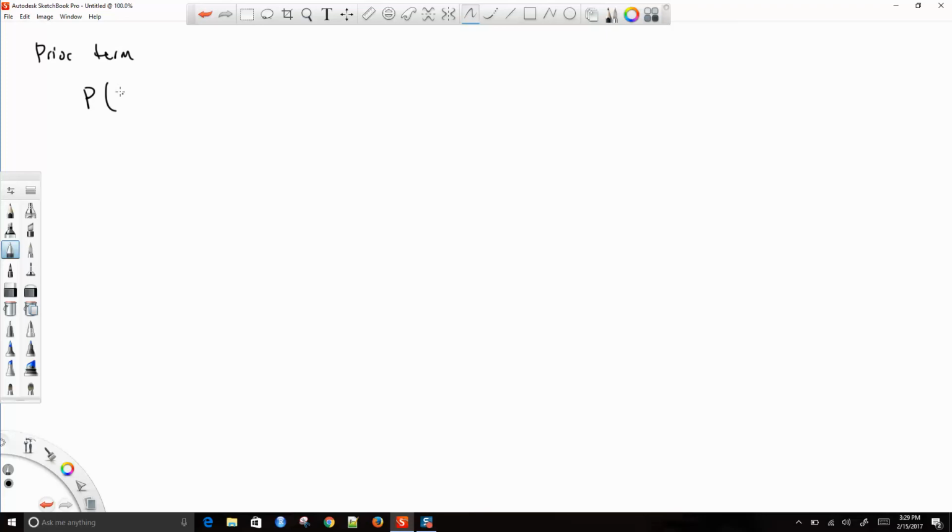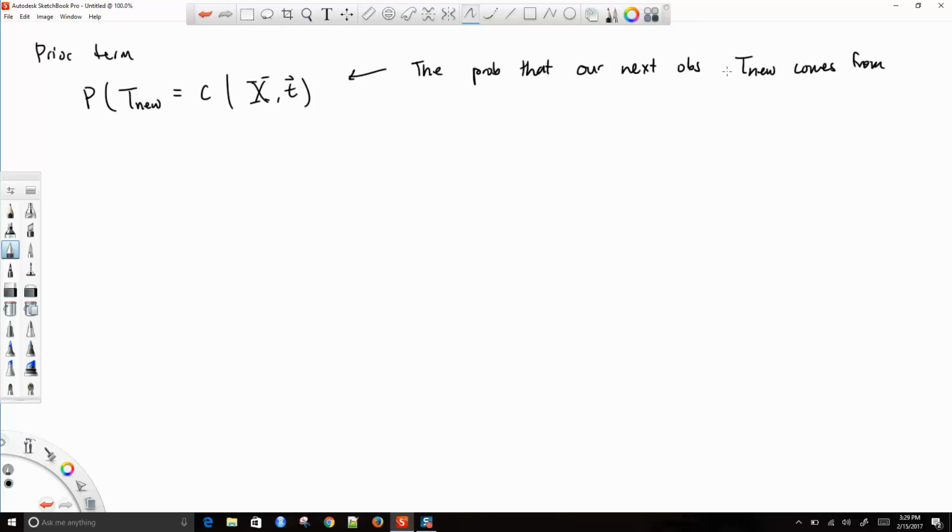This is the probability that our next observation, T new, comes from class C given our training data. And we have a few options, and really this could be anything.